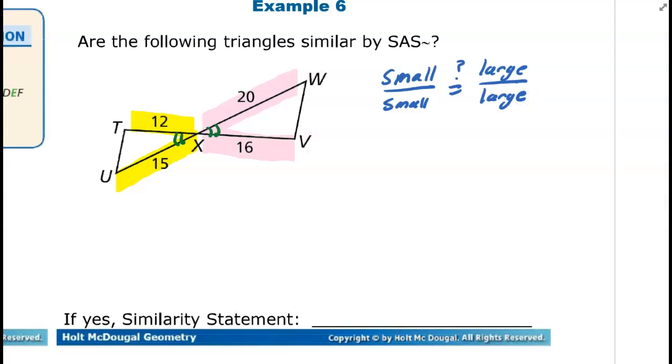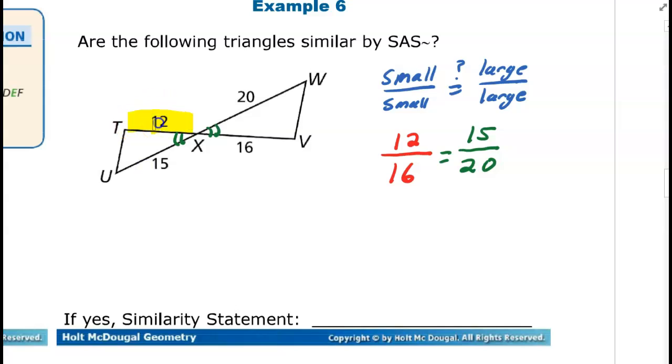So in the triangle on the left that's highlighted in yellow, the small side is 12, and in the other triangle, the small side is 16. So I'm going to check, is 12 over 16 the same as, now I go back to the triangle on the left, 15 over 20. So you always want to take small to small.